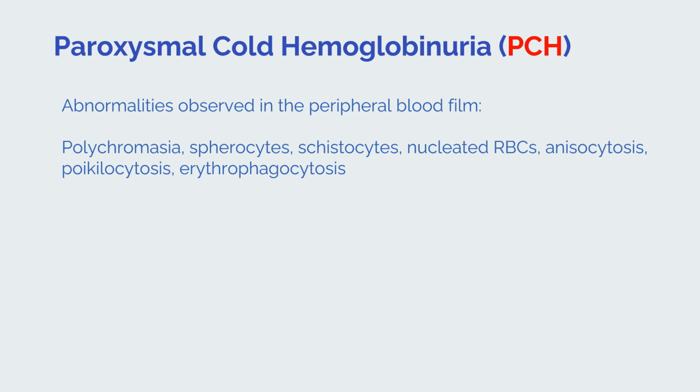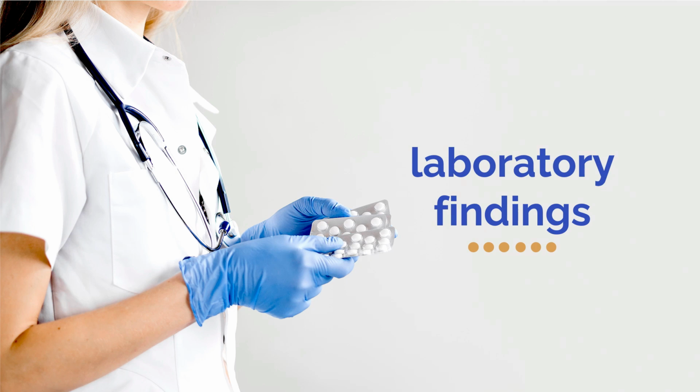They might also come across schistocytes, nucleated RBCs, anisocytosis, poikilocytosis, and erythrophagocytosis. Initially, leukopenia, which is a low white blood cell count, may be present, but later on, it can transition to leukocytosis, indicating a high white blood cell count. Additionally, laboratory findings consistent with intravascular hemolysis are typically present.